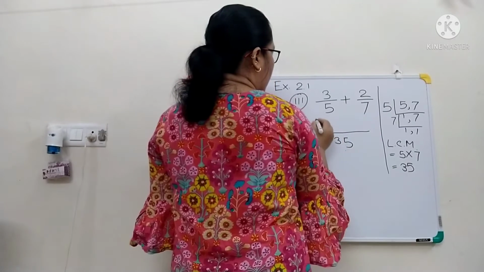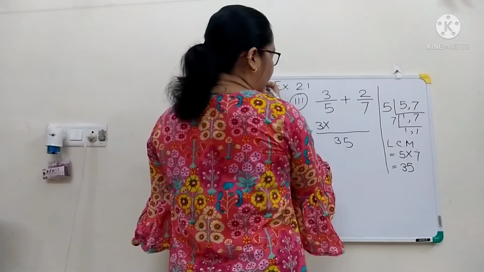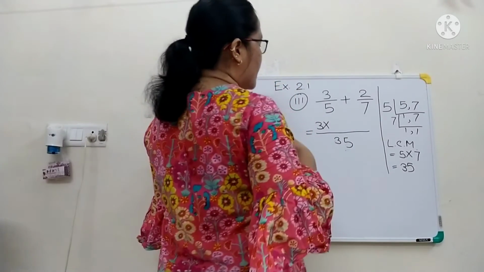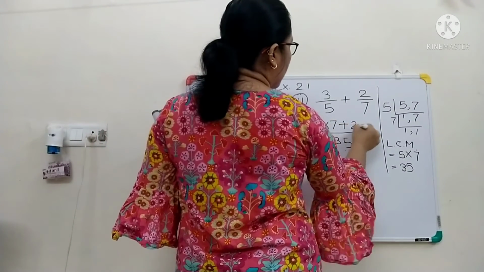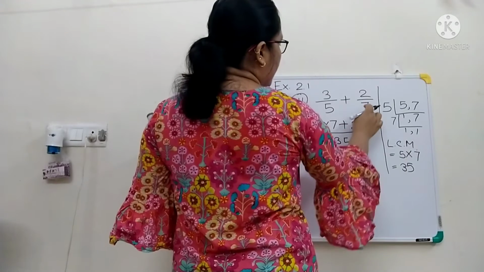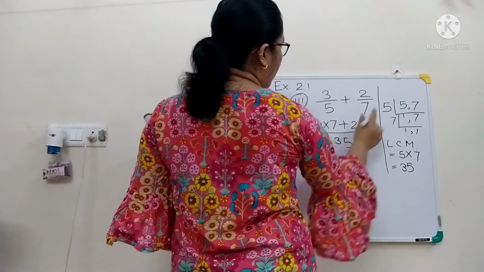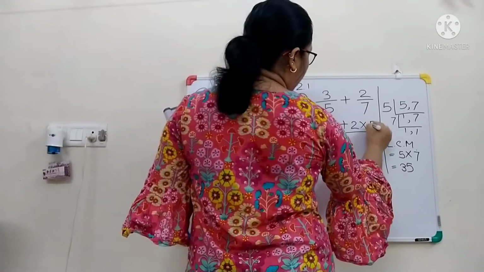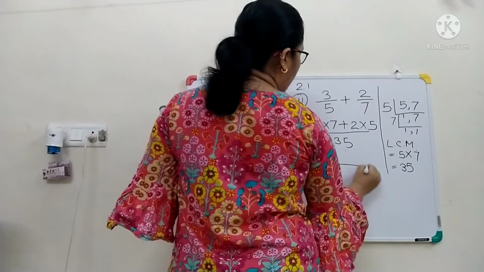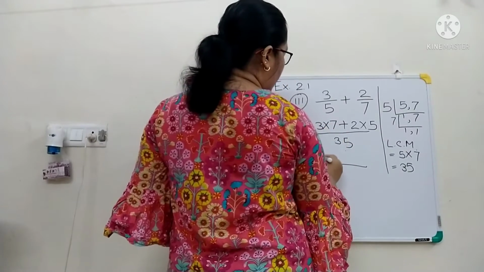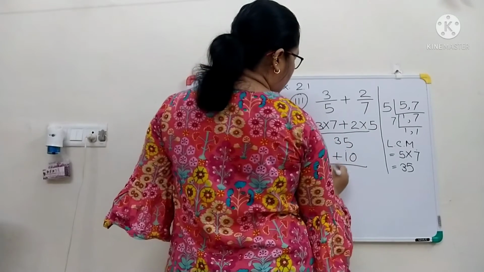So 3 multiplied by how much to make 35? 5 multiplied by 7 is 35. So we will write here 7. Plus 2 multiplied by how much to make 35? 7 5s are 35. So we will write here 5. Okay. So 3 7s are 21 plus 2 5s are 10.